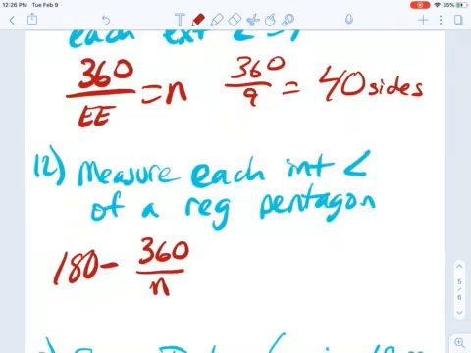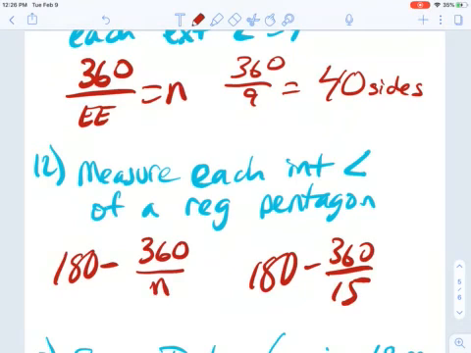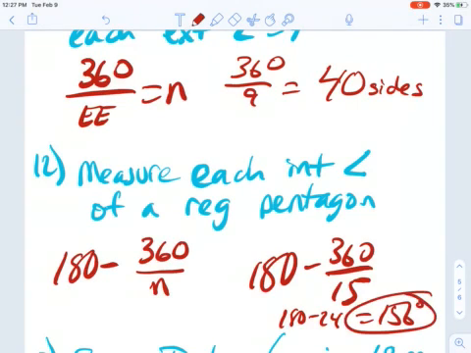The measure of each interior angle of a regular pentagon, we're going to do 180 minus 360 over the number of sides. So in this case, it's 180 minus 360 over 15. So I get 180 minus 24, which is 156 degrees.